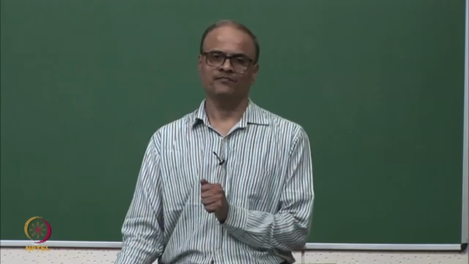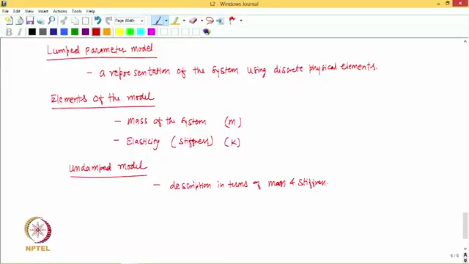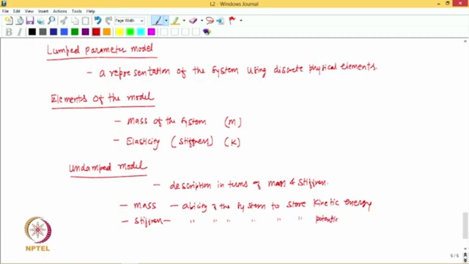In fact, the mass basically represents the ability of the system to store kinetic energy. Stiffness represents the ability of the system to store potential or strain energy.